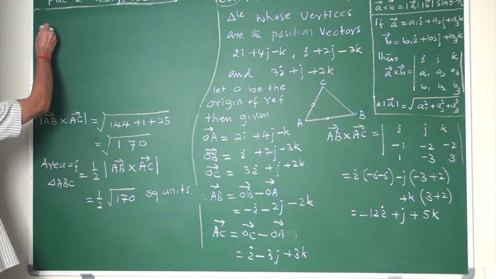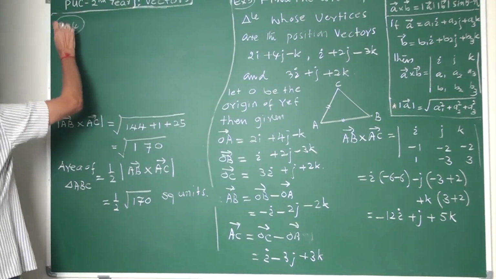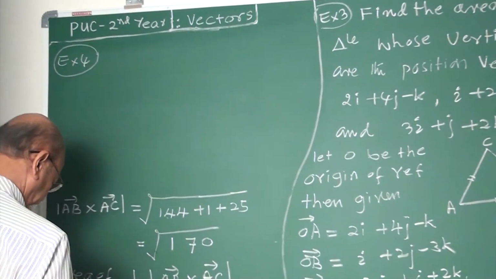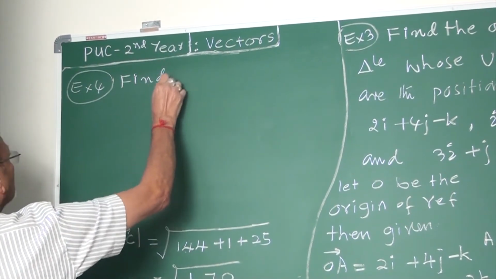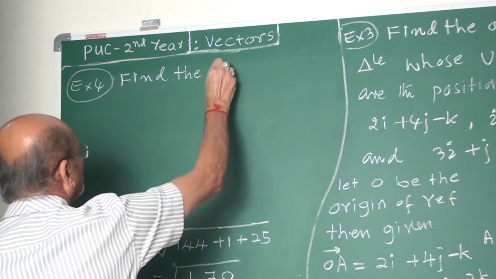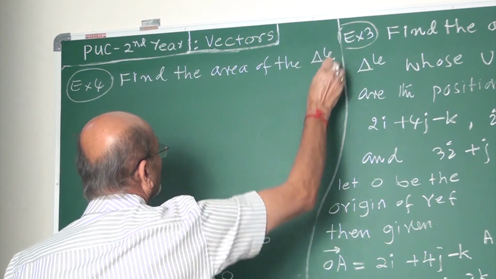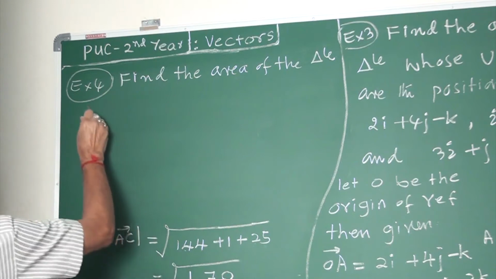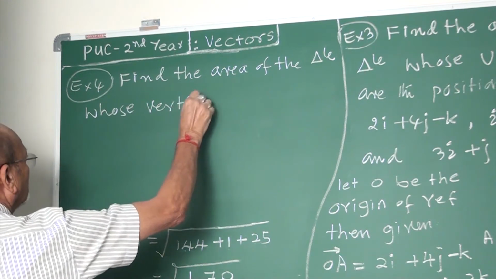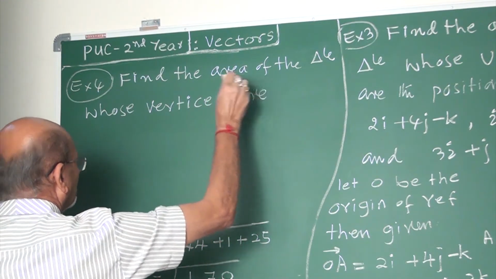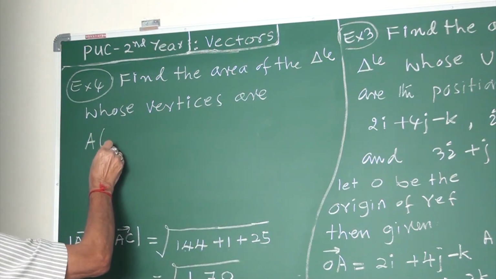Yes, my friends. Next example is example 4. Find the area of the triangle whose vertices are given in the form of points now.